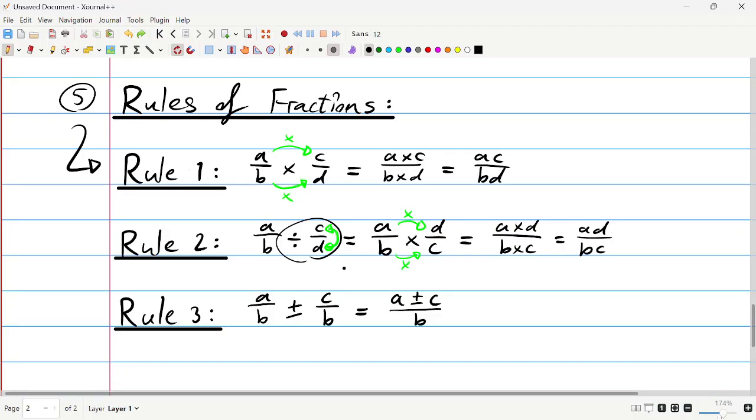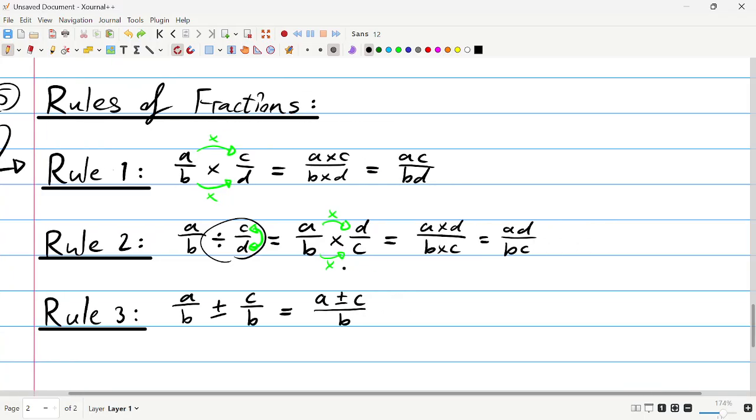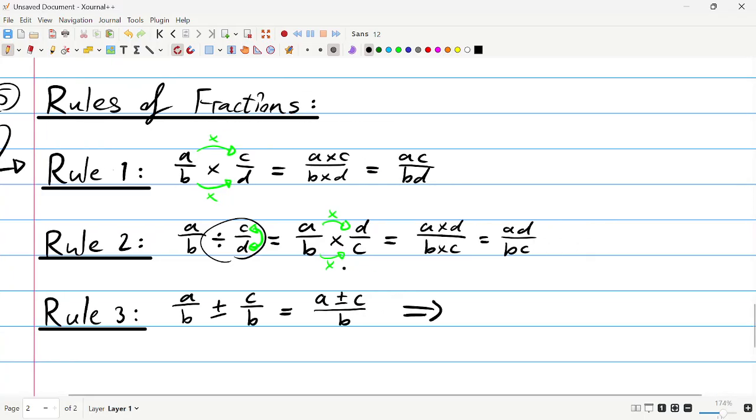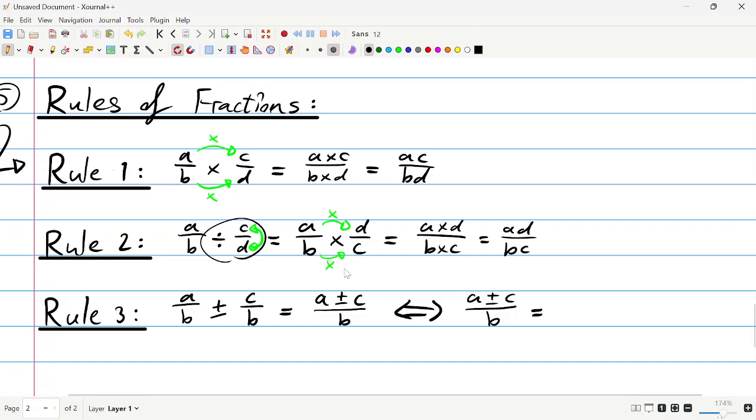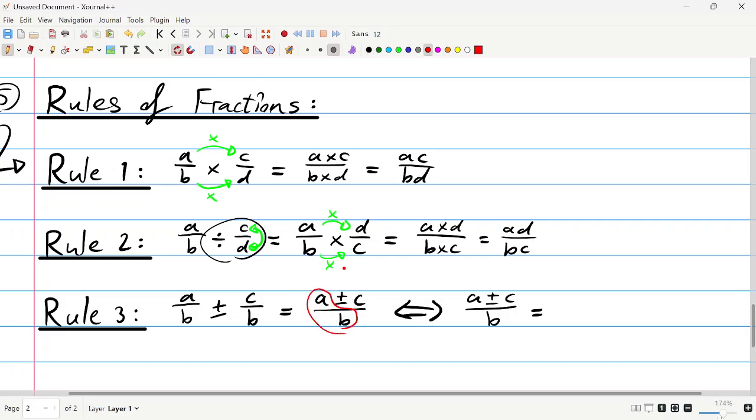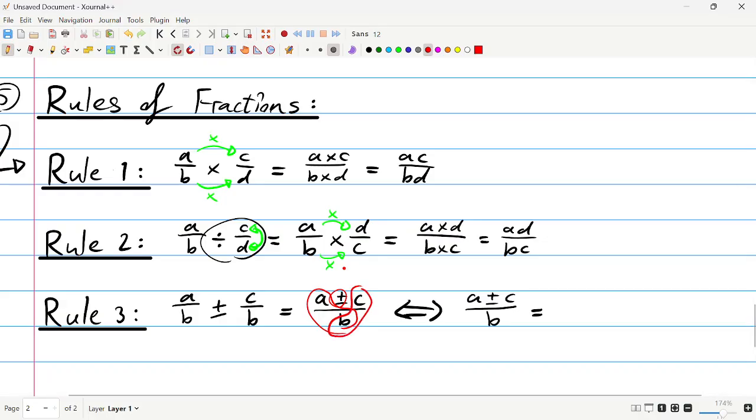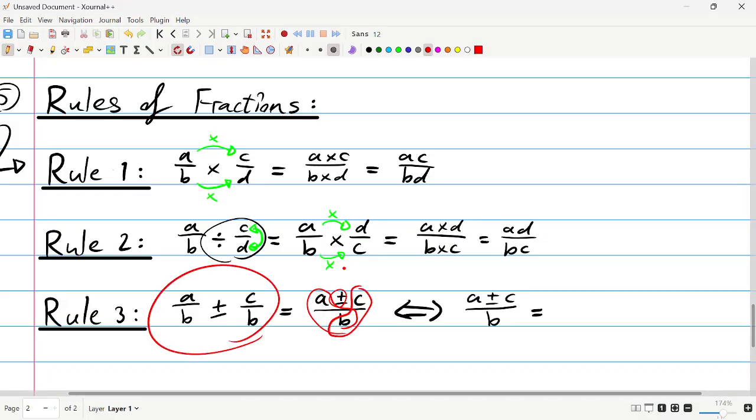And obviously, in the case where we want to do it the other way around, this is true if and only if. Don't worry about the symbol. I'm just saying it can be done both ways. We can say A plus minus C divided by B is just going to be equal to the fact that we can literally do what we did here, right? We took the A over B and we added or subtracted with C over B, and we got this as an answer.